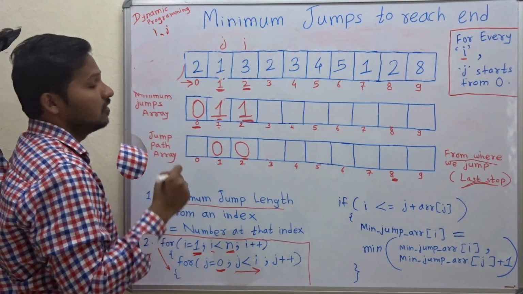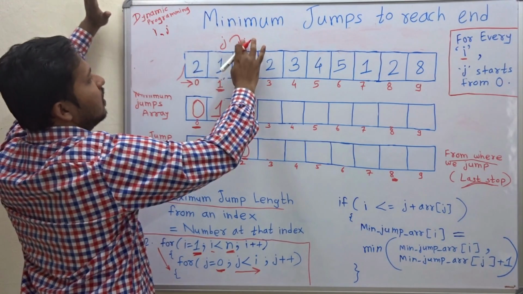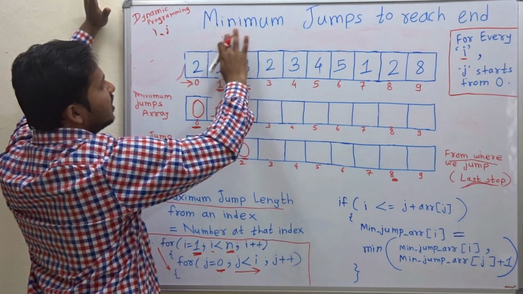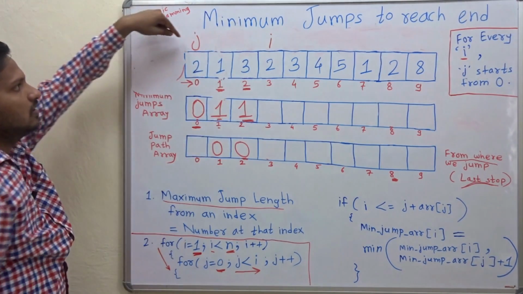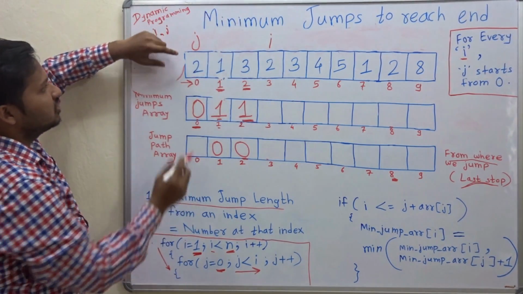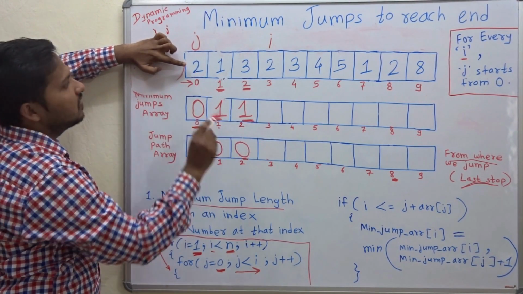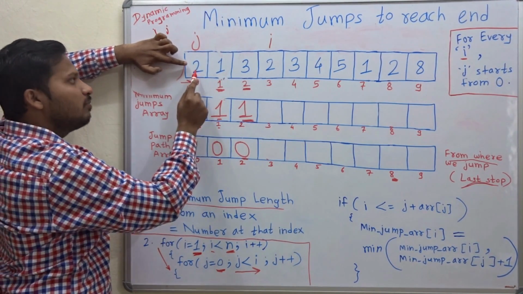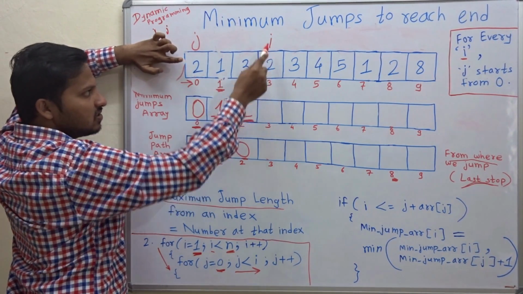Now as j has reached I, I is incremented and j again starts from 0. Check whether I is in range of j. No, it is not in range because from j the maximum length of the jump is 2 places, but I is in the 3rd place.